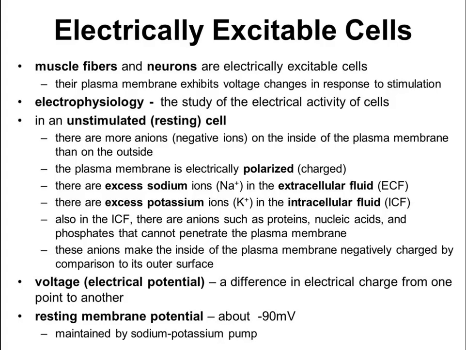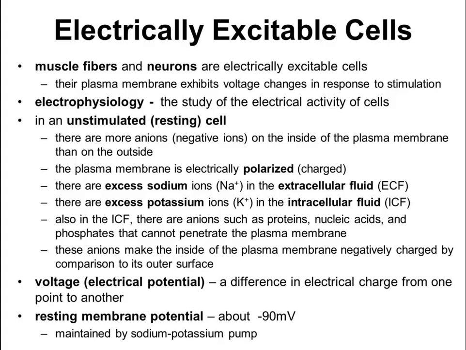In an unstimulated or resting cell, there are more anions, meaning negative ions, on the inside of the plasma membrane than there are on the outside. This means that the plasma membrane is electrically polarized or charged. There are excess sodium ions in the extracellular fluid, while there is an excess of potassium ions in the intracellular fluid.